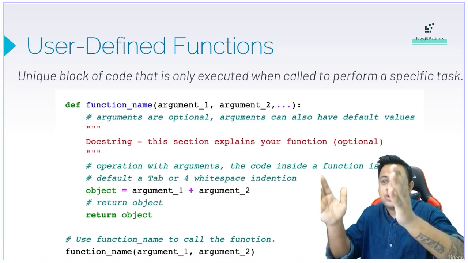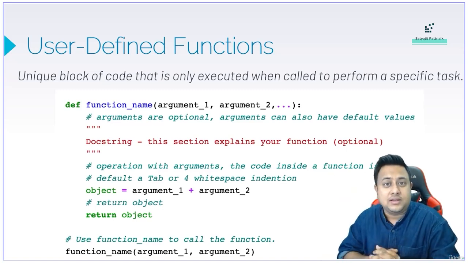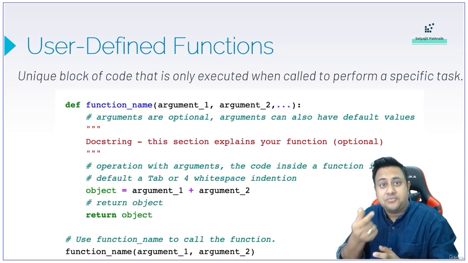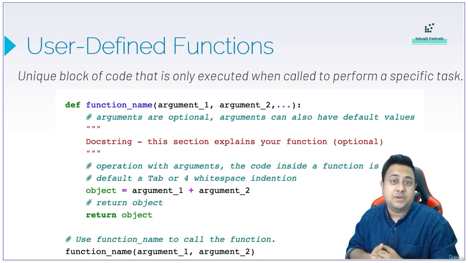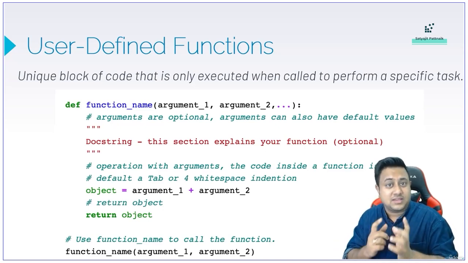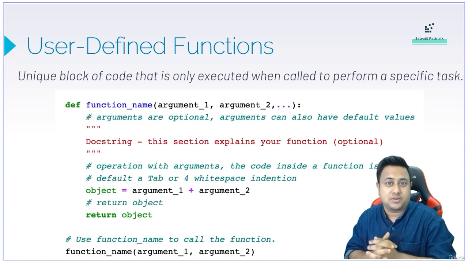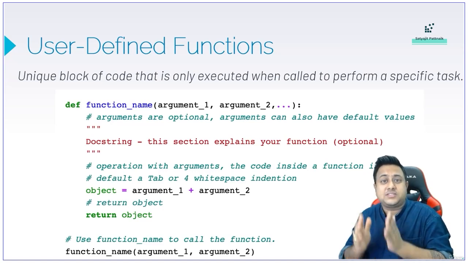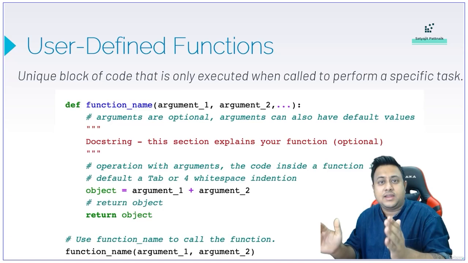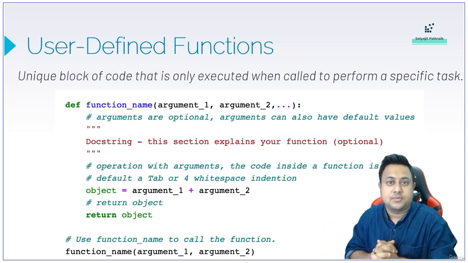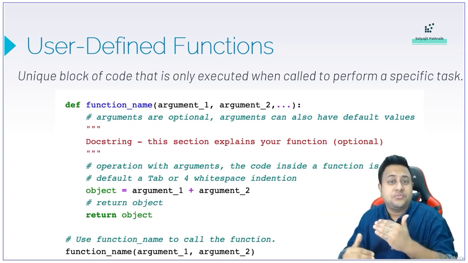Now, this is the normal structure or skeleton of a user defined function. It all starts with a def keyword. Def appears in green, and that's an inbuilt keyword. Def, space, function name, and in the brackets pass your arguments, and those are user defined arguments.